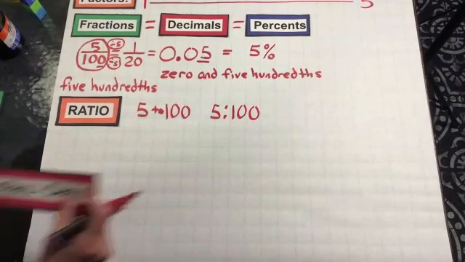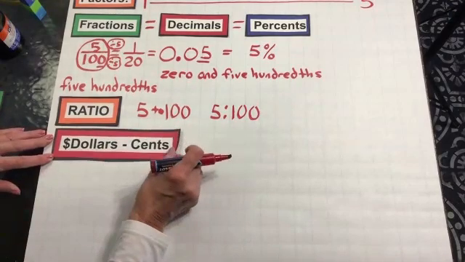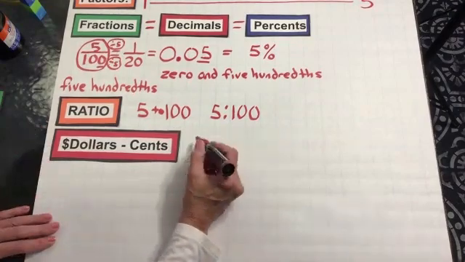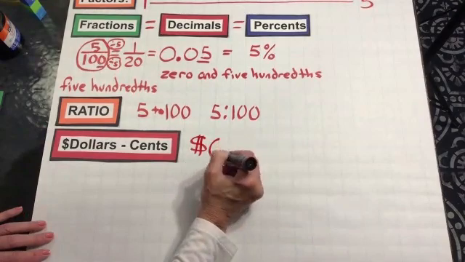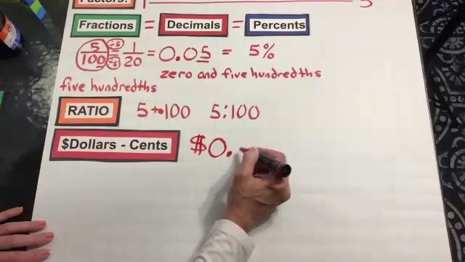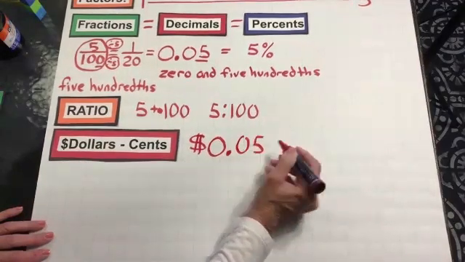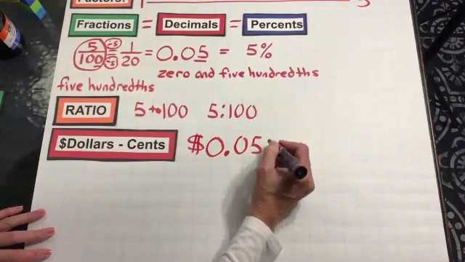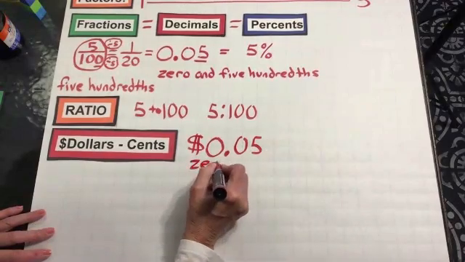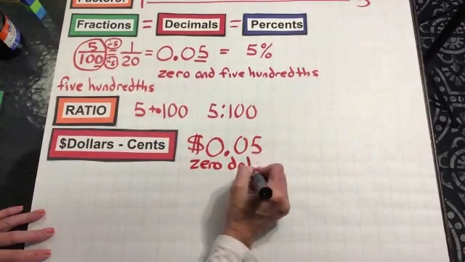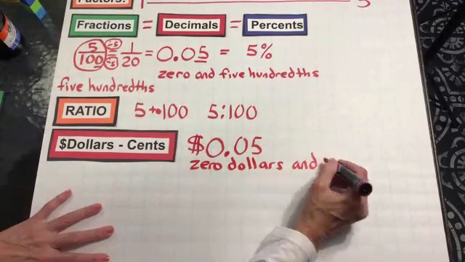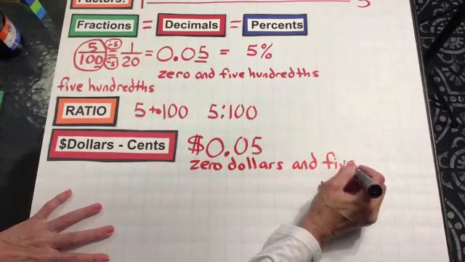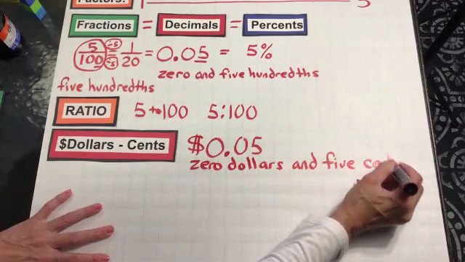All right, let's move on to the next one, dollars and cents. So we want to do our dollar sign. And of course we have 0 whole dollars and 5 cents. So writing that out would be $0.05, 5 cents.